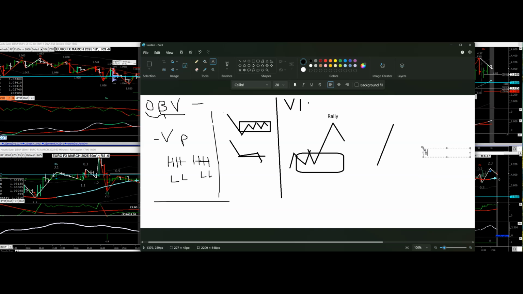Not like that, because I can't really draw it. Let me see if I can do it like this. Yeah. So you profile the rally, right? Let's say I profile this rally. Over here, it's going to be a bump, and then a lesser bump, and a lesser bump. So this bump was the accumulation.